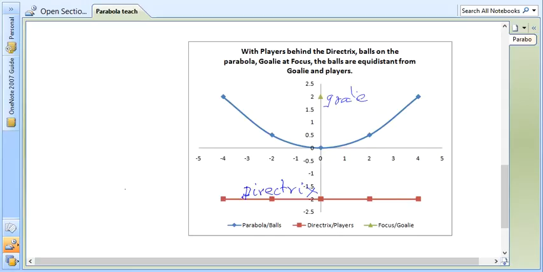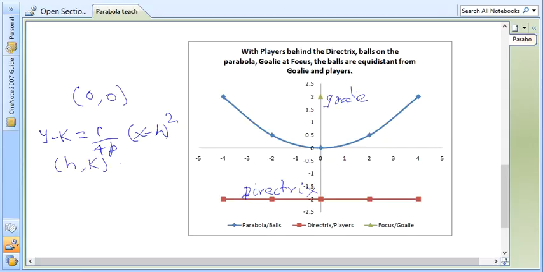So now, getting back to how you can use this information. In this case, the vertex is at 0, 0, and our equation for a parabola is of this form: y is equal to 1 over 4p times (x minus h) squared, where (h, k) is the focus.